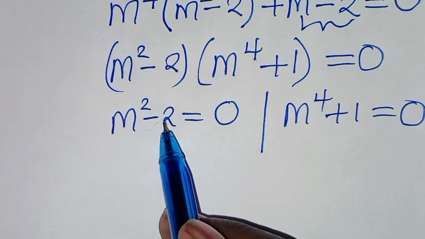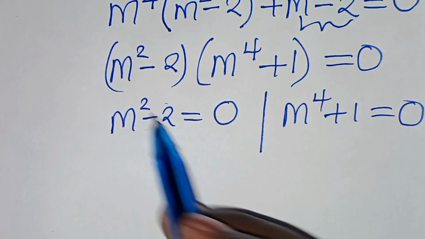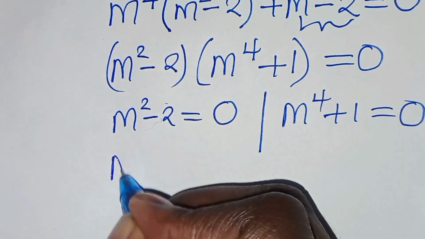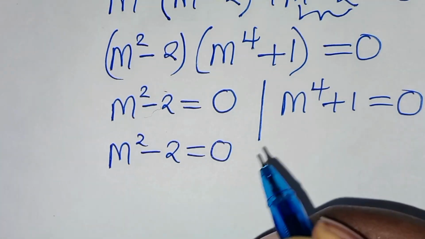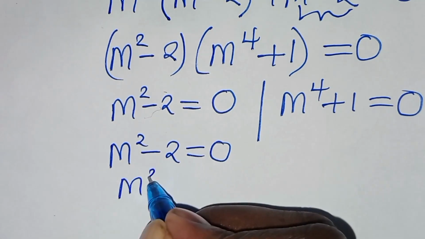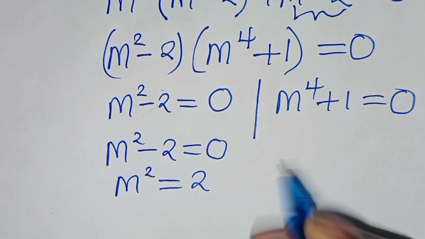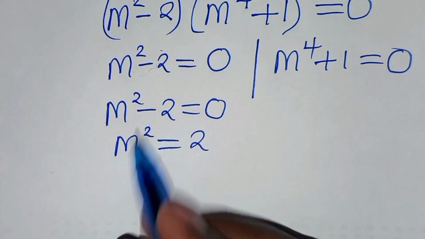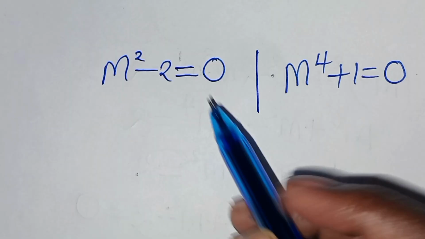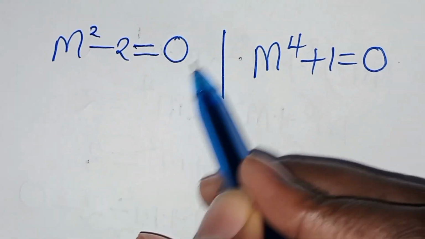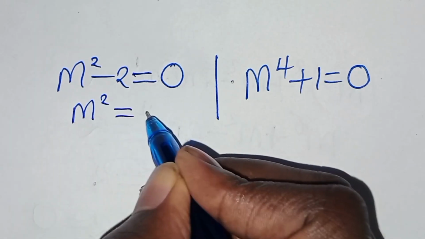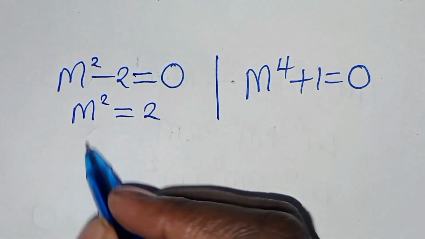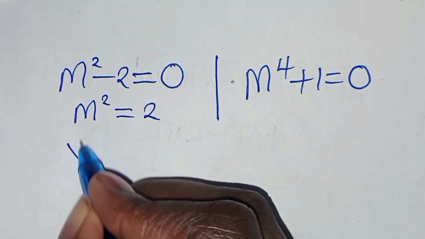Now from the first part, m squared minus 2 equal to 0, this implies that m squared is equal to 2. To solve for m, we take the square root on both sides.